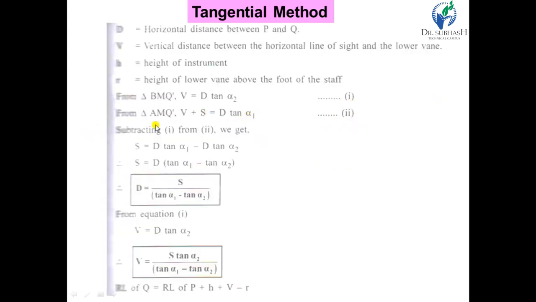V plus S is equal to D tan alpha 1. Subtracting the first equation from the second, we get S is equal to D tan alpha 1 minus D tan alpha 2.